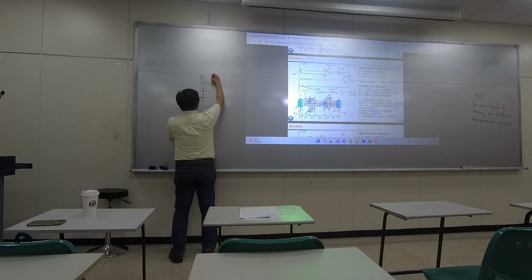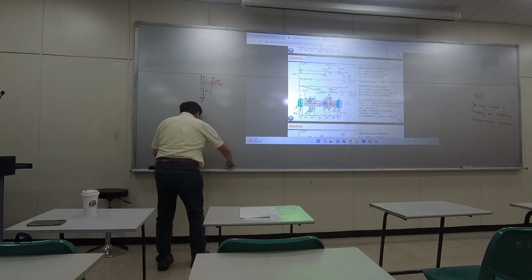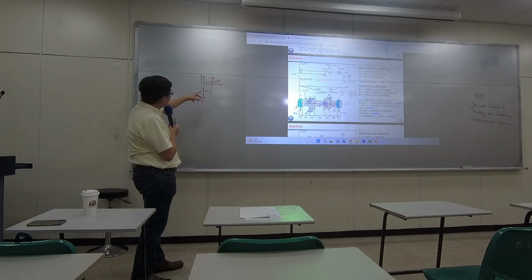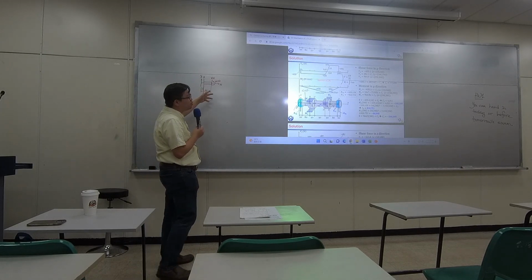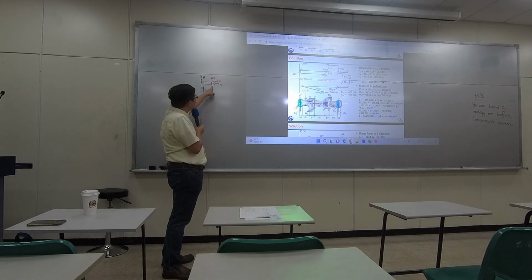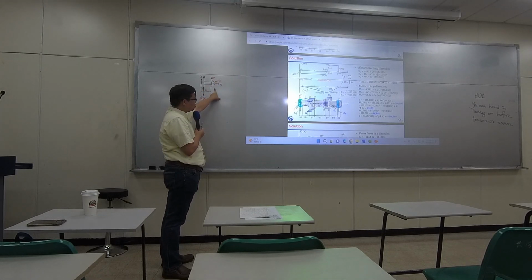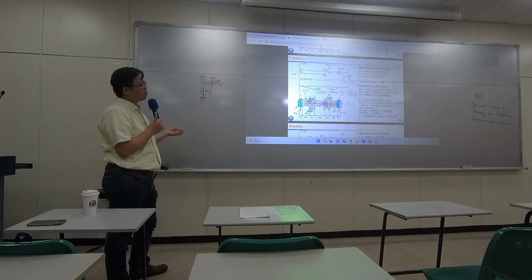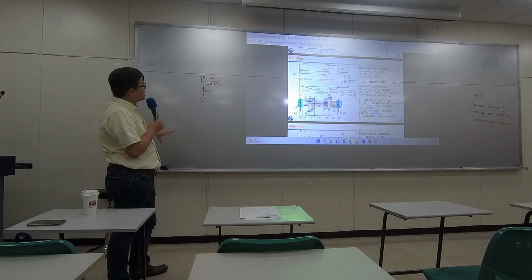So I'm calling this V of X and M of X. So wherever I make the cut, I could be having some shear force and bending moment at the edge. I just don't know how much shear and moment I have. I'm gonna use balance of moment to compute everything.